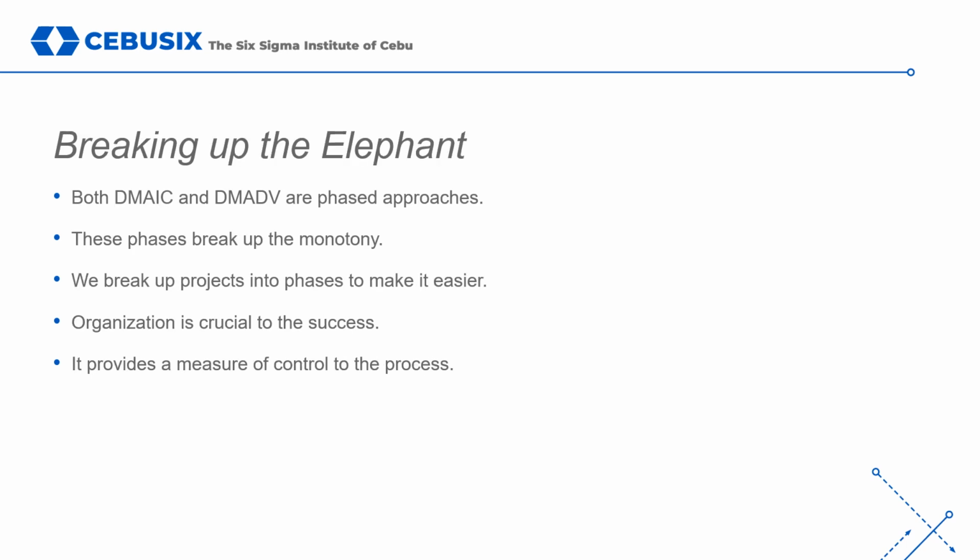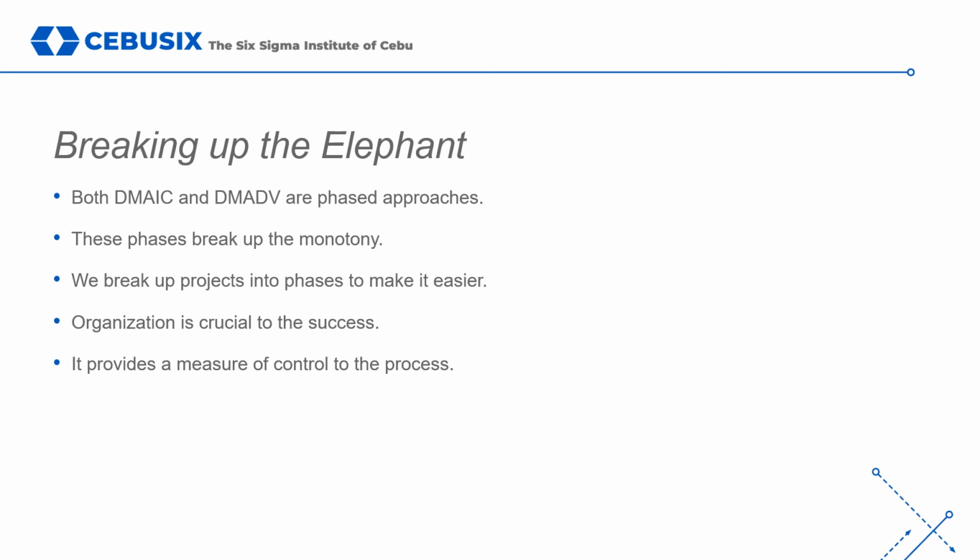You should now have a basic understanding of how a Six Sigma team approaches a problem or process improvement. Whether improving an existing process or creating a new process or product, teams work through phased approaches. The phases of the DMAIC and DMADV process provide control and organization for a project, help keep everyone on task, and let teams break up what can seem like an enormous task into chunks that are tolerable.